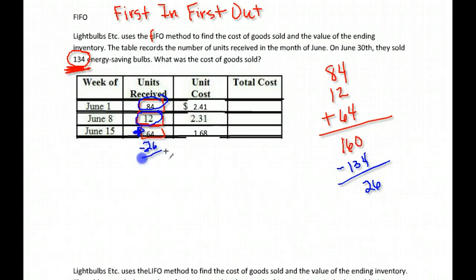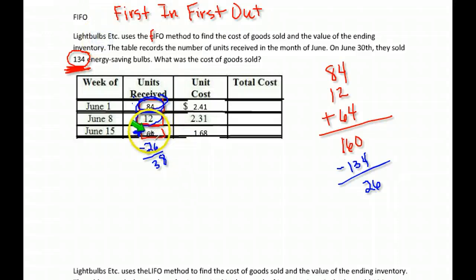So let's subtract the amount left over to find how many we sold: 38. Here's how it works out. We sold the 84 right here at the top. Those were our first ones, so we sold them first. Then we sold these 12, and then we sold 38 of these and had 26 left over. You'll notice 38 plus 26 gives us our 64.